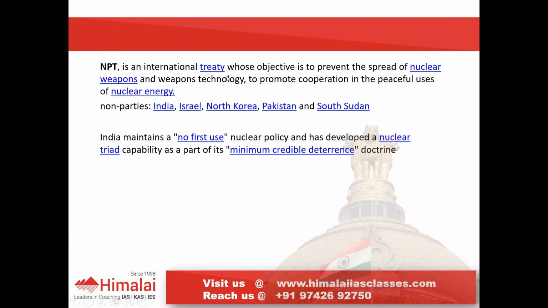Then, India maintains a no first use policy. Our nuclear policy is no first use. After we conducted the second nuclear test, Operation Shakti, in 2003, India announced that we will not use nuclear weapons in the first instance.